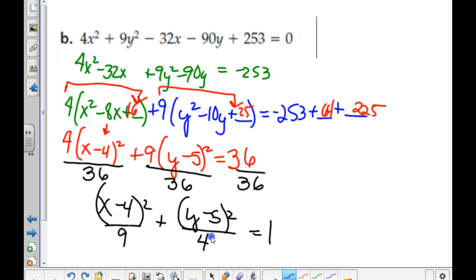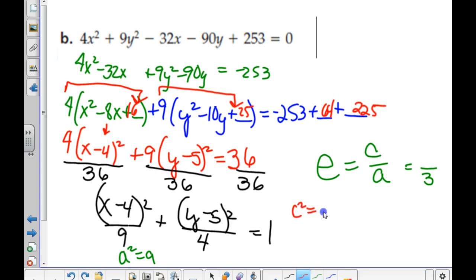All right, let's worry about the eccentricity, and then I want to address a couple things from the quiz while we're on this slide. Eccentricity is just C over A. What is A? When you have an ellipse, A is always which one? The bigger one, not the first one necessarily. So A squared is 9 here, which makes A 3. All right, how do we find C?